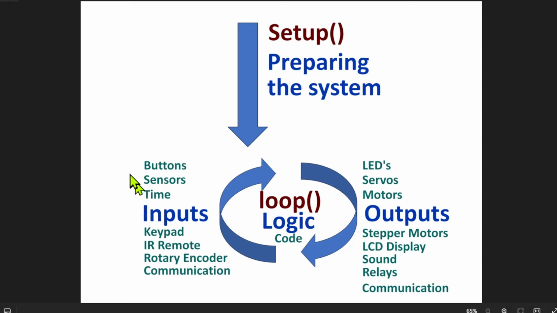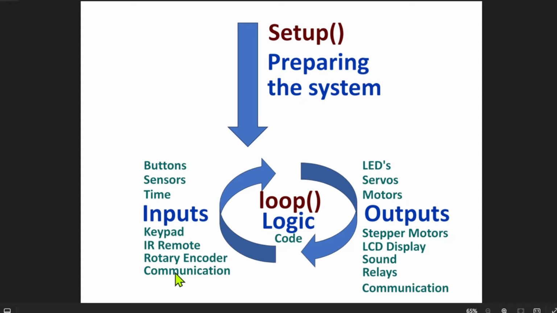Now, with our Arduino, our inputs can be buttons, they can be sensors, it can be time. That can be the time as in the time of day, or it can be a time in milliseconds since the board was switched on. We could have keypads, infrared remote controls, rotary encoders, various types of communication.